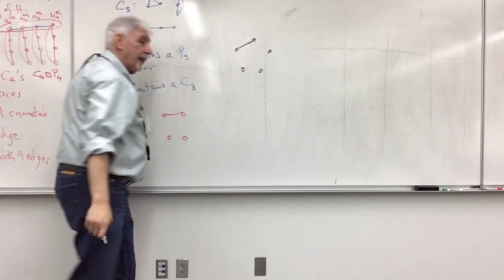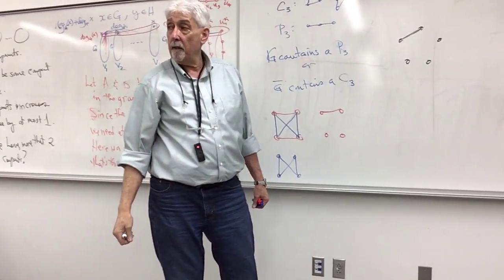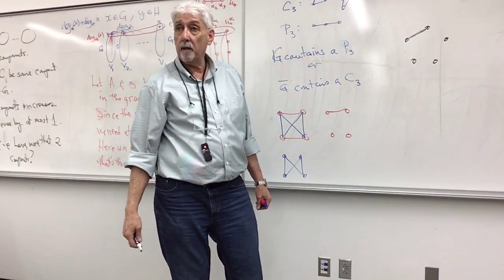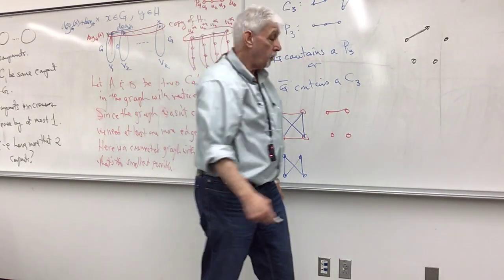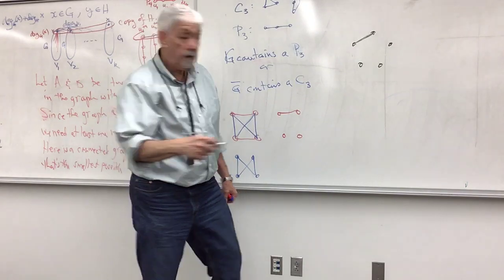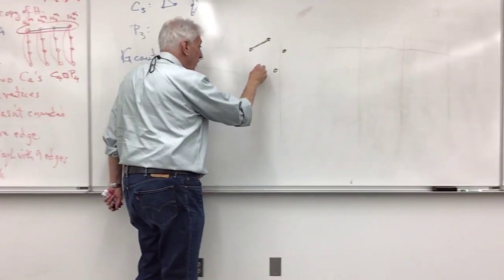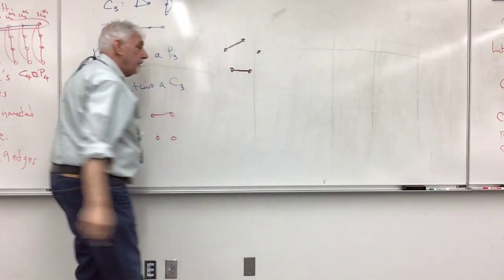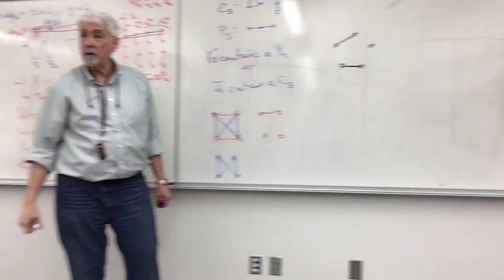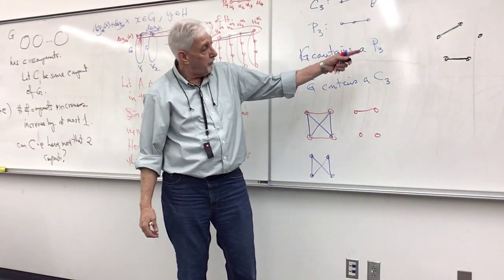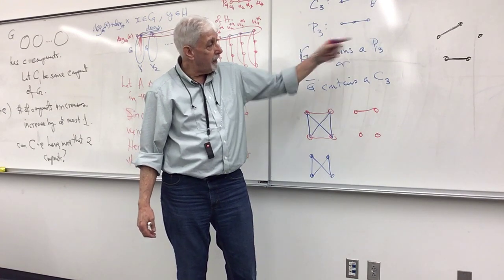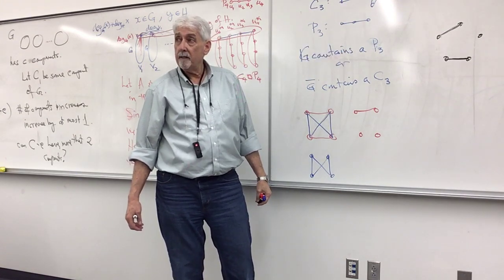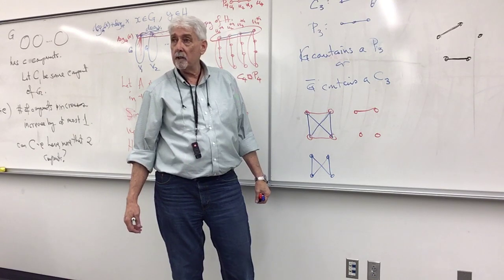Okay? So let's start adding edges. That doesn't contain a P3. Can I add any more edges? Where? Okay. This doesn't contain a P3. So if I have a graph on 5 vertices that doesn't contain a P3, can I add any more edges?